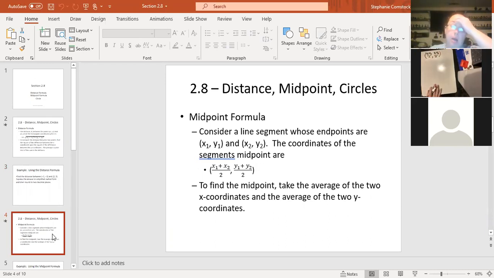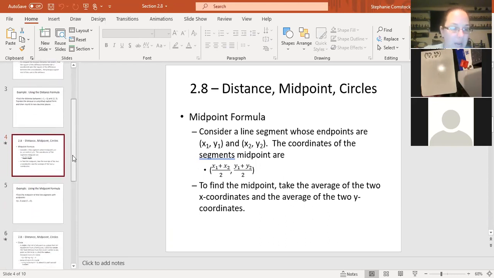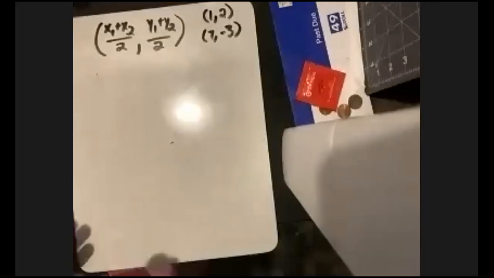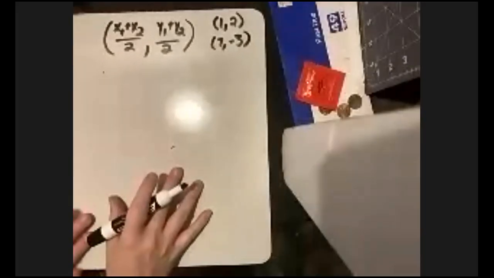Okay, so I'm going to bring up this one as well. And then I'm going to show you one thing that they may do with this midpoint thing that, again, I do slight bit different than they do. So we're going to be working with the point 1, 2 and the point 7, -3 when we get over here to work with this. Okay, so bringing back our lovely board here.